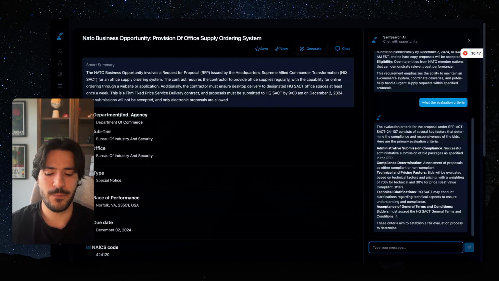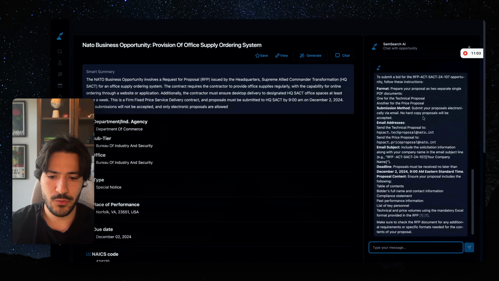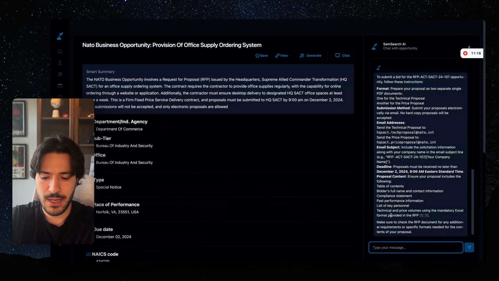We want to know how do we submit a bid. So we're given exactly the info that we saw in the RFP. The technical proposal should be submitted to this email, and then the price proposal should be submitted to this email, the deadline, and then the stuff that we need to include. I'm going to ask, what should I include in the proposal?